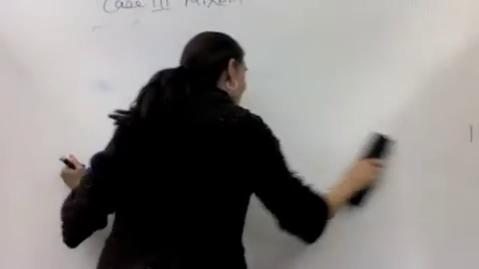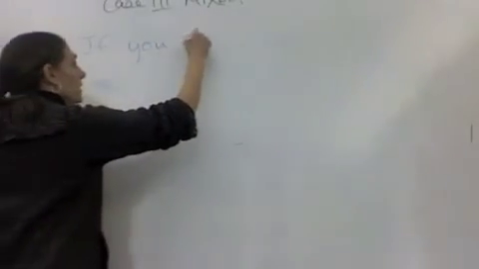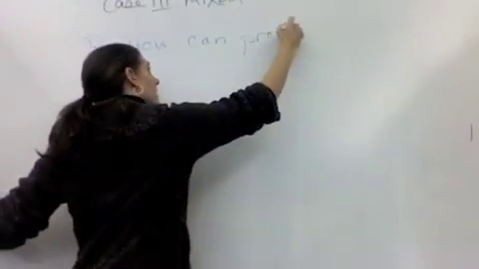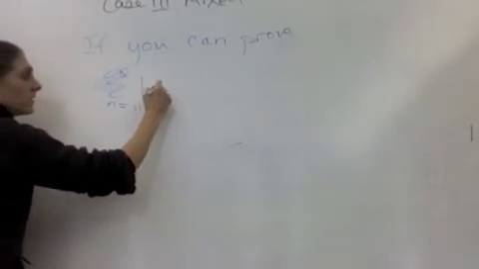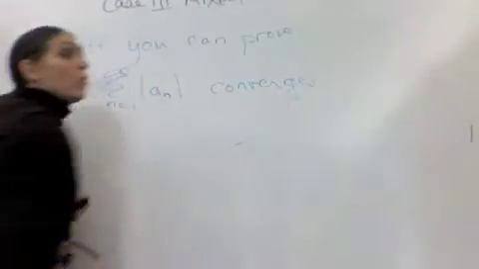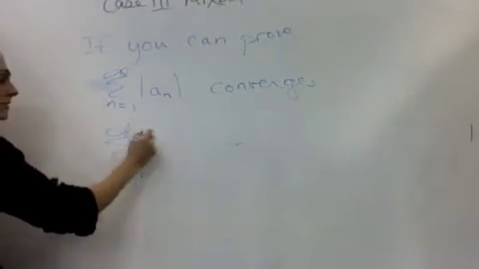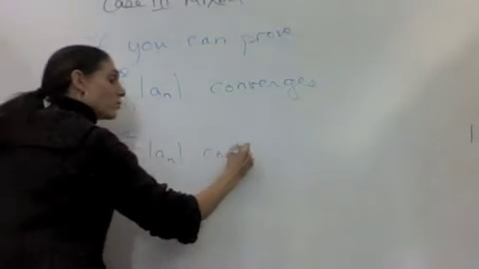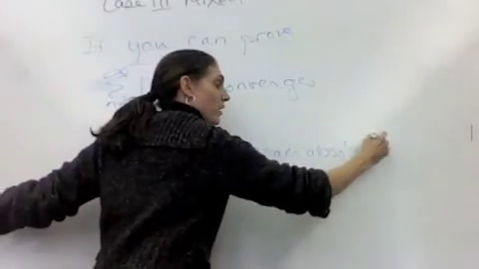All right, so if you can prove that that converges, we say that this converges absolutely, like they're absolute value bars.